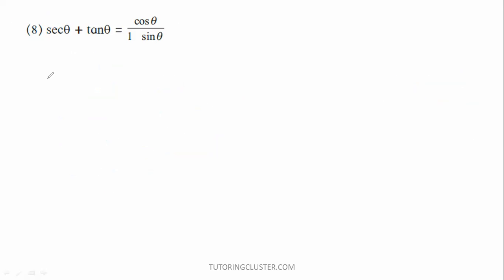We have seen such type of examples. We have solved such type of examples. Okay, please try this example as homework. In my previous video also we have solved such type of examples.